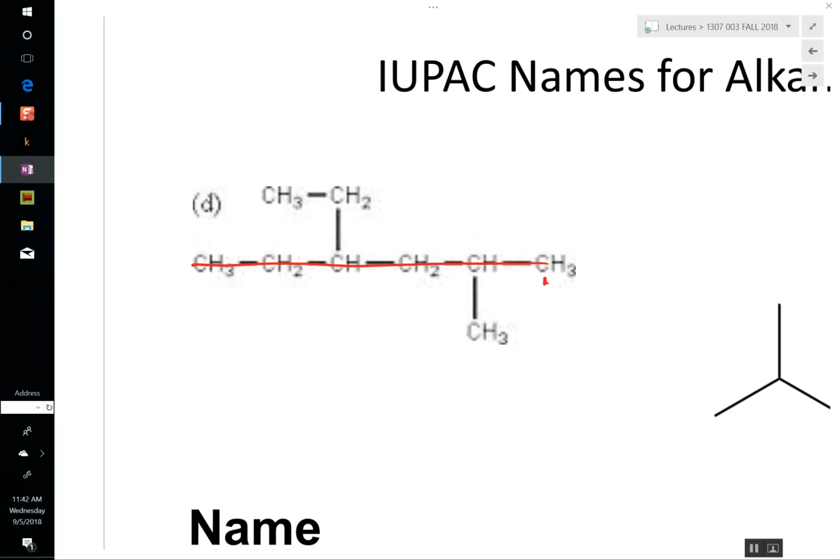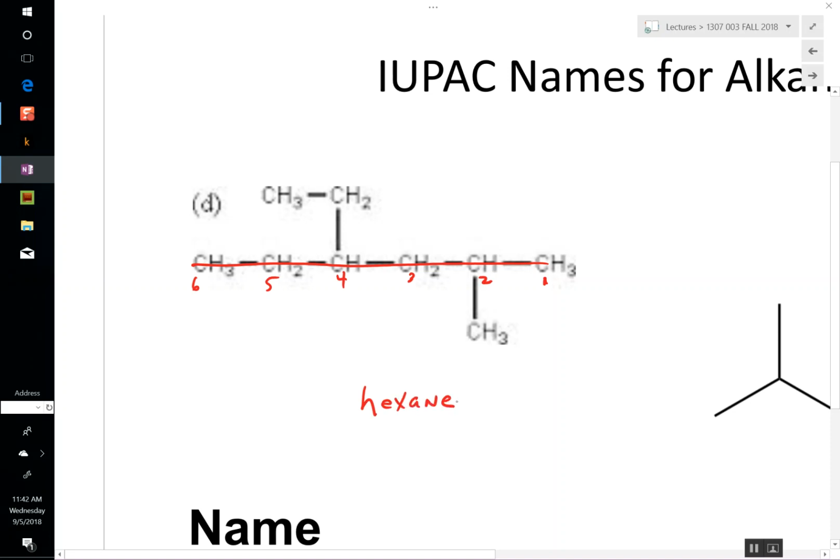It isn't. You've got to get to the 3rd carbon to get to here, and the 5th carbon to get to here. Here is 1, 2. You're at carbon number 2 here, 3, 4. And this is 5 and 6, so it is hexane.